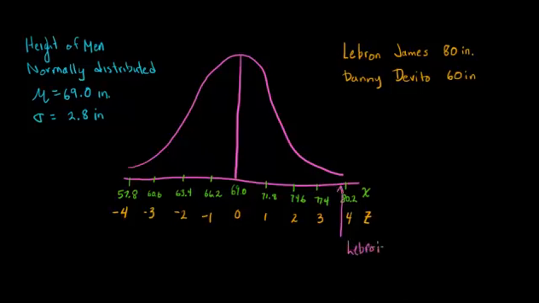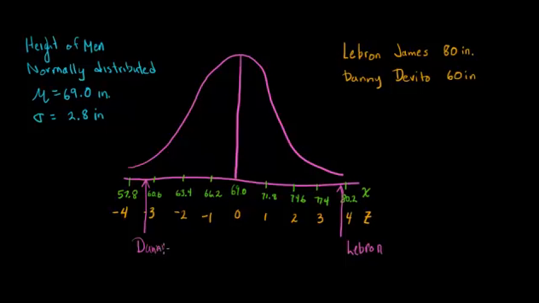Obviously, his height is way above the mean, more than 3 standard deviations, almost 4, and we judged that by looking at our scale, where would 80 be? About right here. Then we did the same thing for Danny DeVito, and we said 60 inches, so here's 3 standard deviations below the mean. We have to go a little bit below that to find where Danny DeVito would be, and there's Danny.